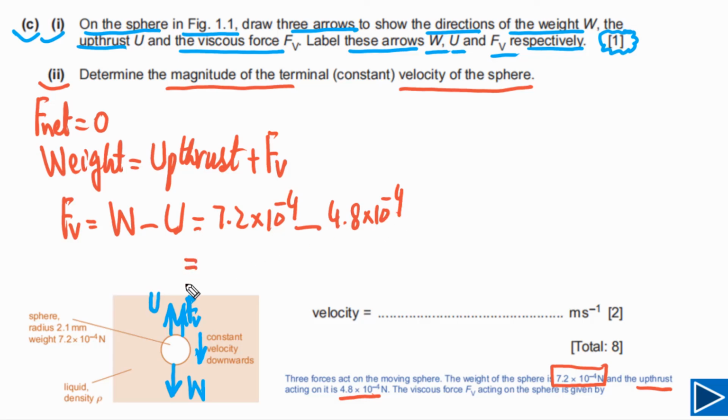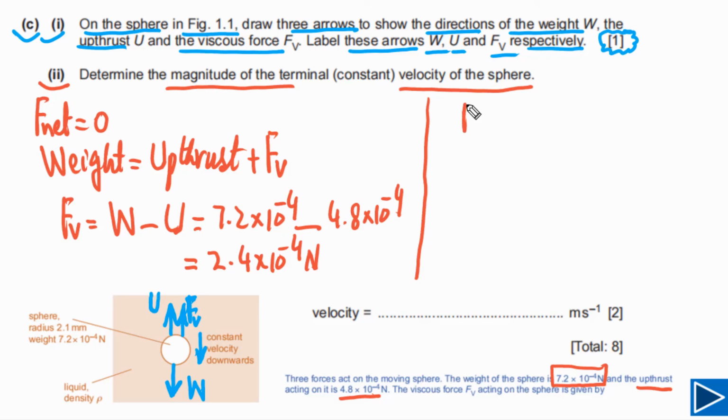From here we can find value of viscous force FV. If we solve this one, our answer will be 2.4 times 10 to negative 4 newtons. So this is value of FV.